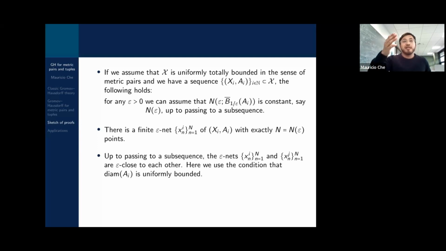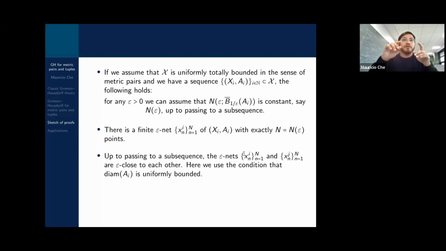It will be basically the diameter of A_i plus 2/epsilon, sorry, 2 over epsilon. That is an upper bound for the diameter. And then if we look at the distances between points on each one of these nets, all those distances are less than that uniform bound.